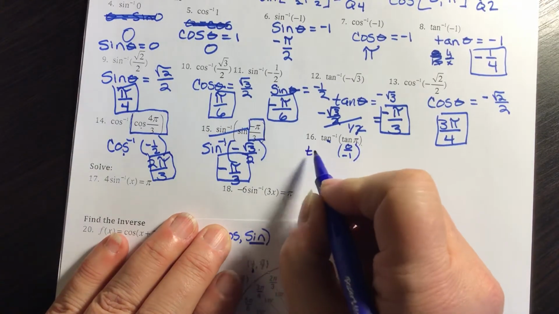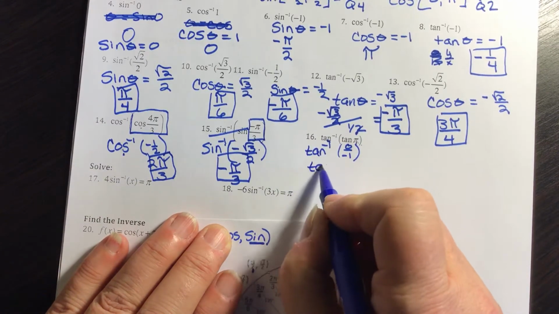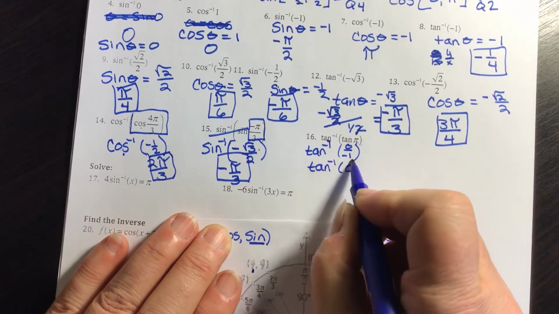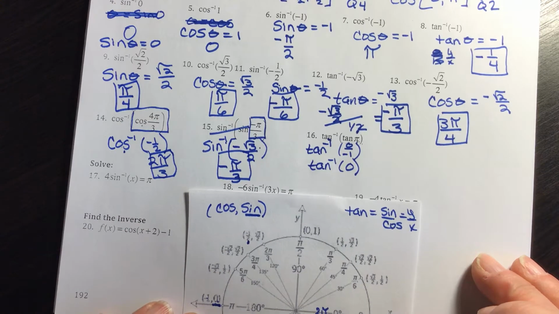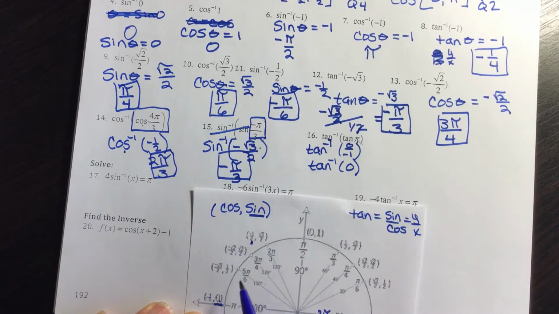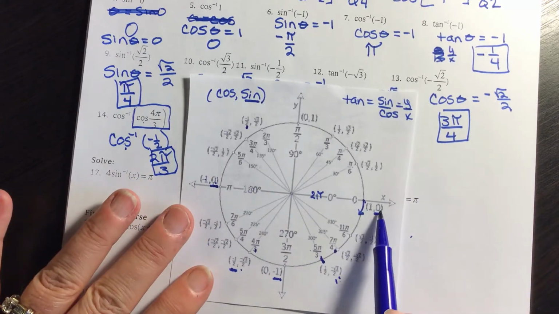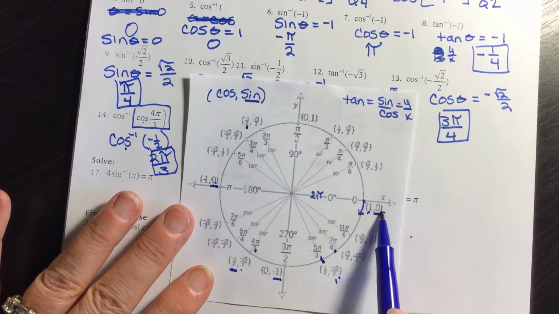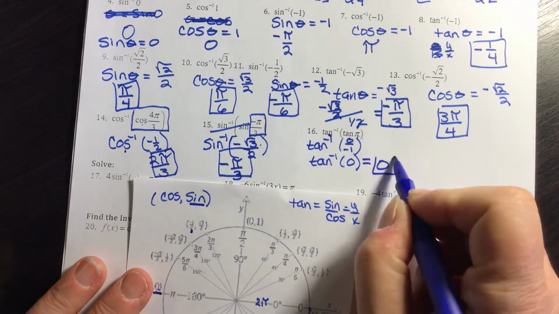So now I want tangent inverse, or what angle has tangent of 0? So that would be sine over cosine, and that has to be in quadrant 1 or 4. So sine over cosine, 0 over 1 would be 0. So this is 0.